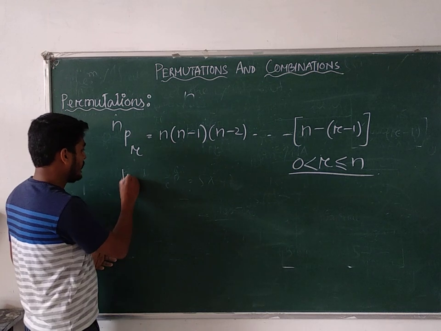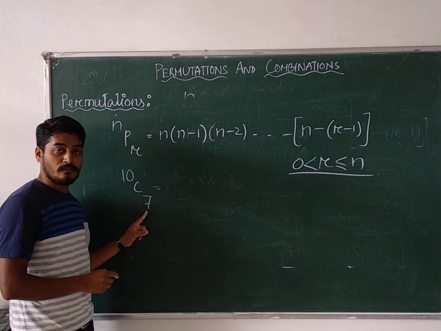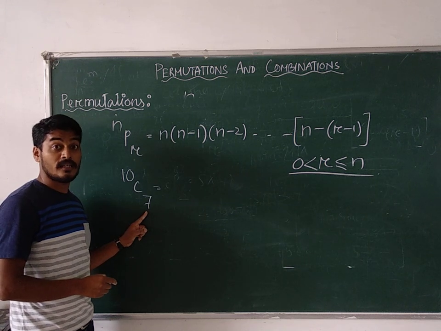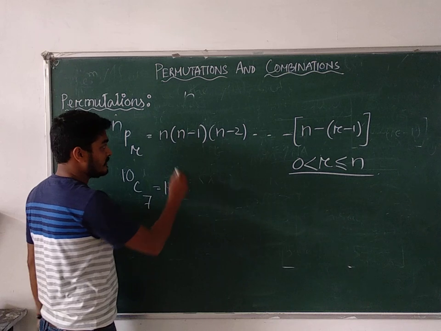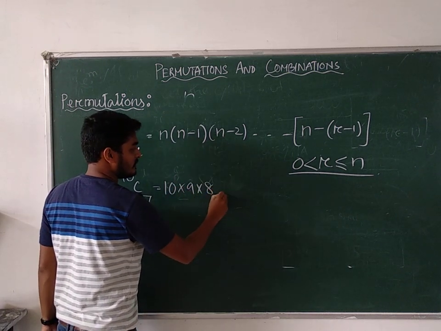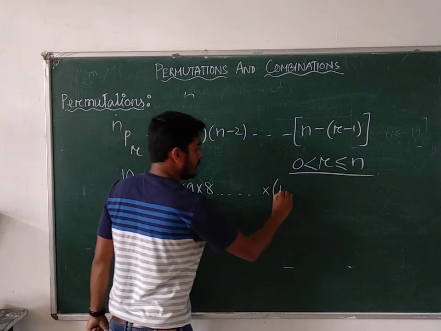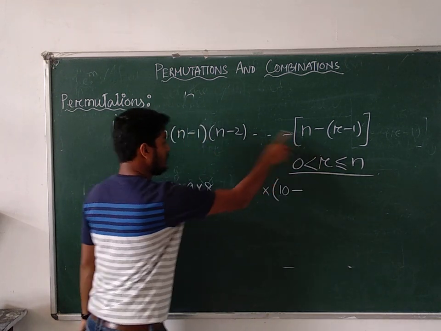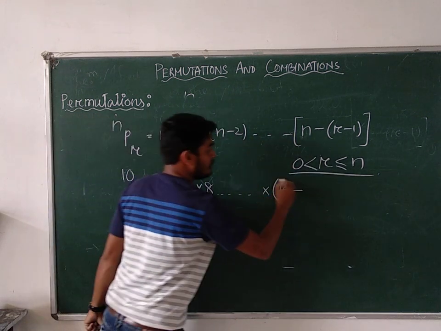Suppose 10P7, what will be the expression? How many terms will be there? Obviously 7 terms will be there, but what will be the last term? 10. It will always be in decreasing order. 10, then 9 into 8. Listen, then what is the last term? n, where n means total number of objects, minus (r minus 1).